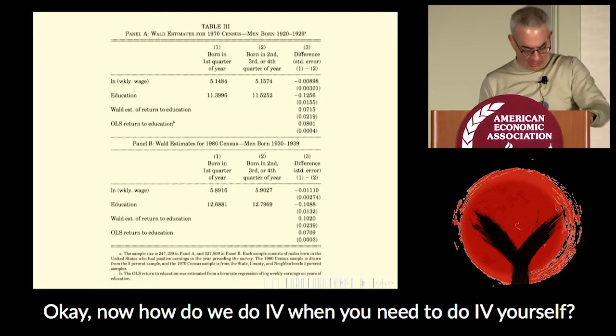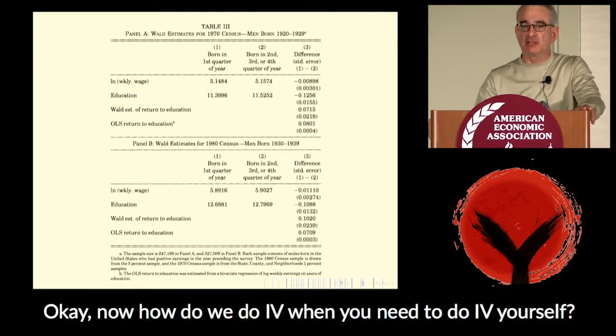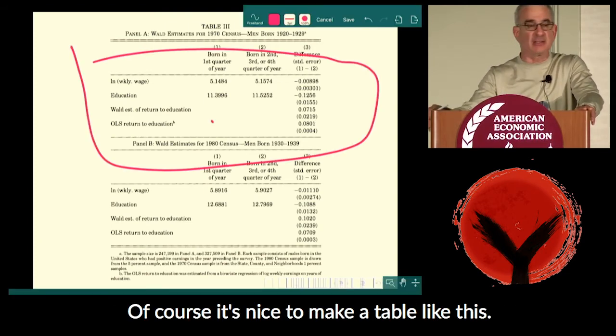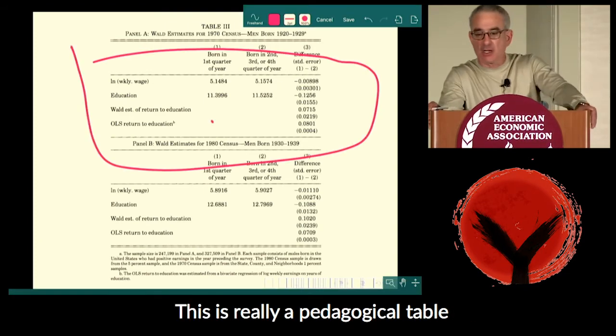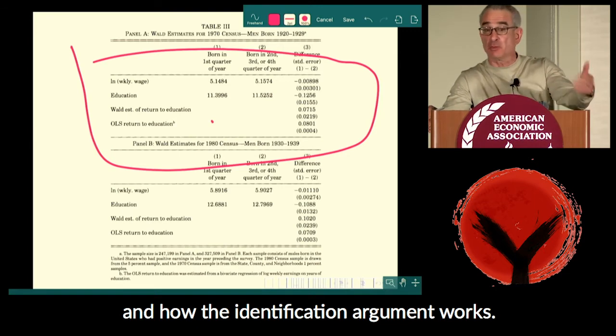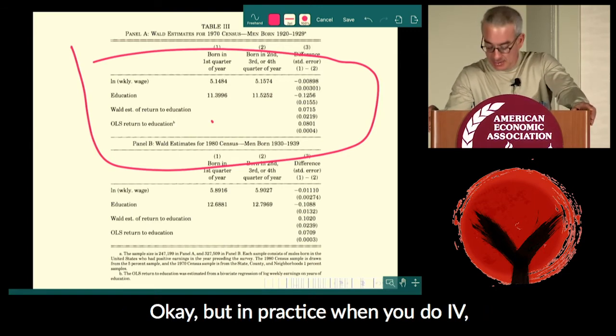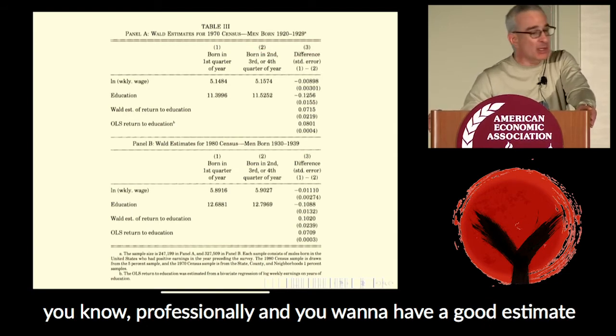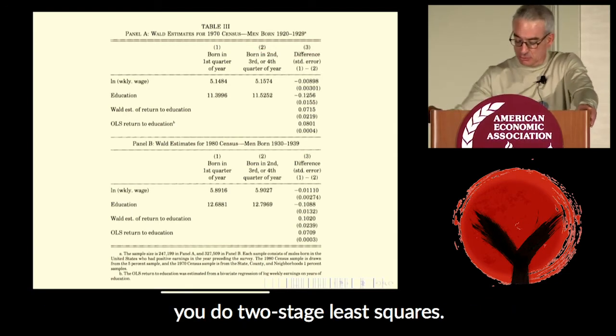Okay, now, how do we do IV when you need to do IV yourself? Of course, it's nice to make a table like this. This is really a pedagogical table about showing how you're thinking about the problem and how the identification argument works, okay? But in practice, when you do IV professionally, and you want to have a good estimate, you do two-stage least squares.